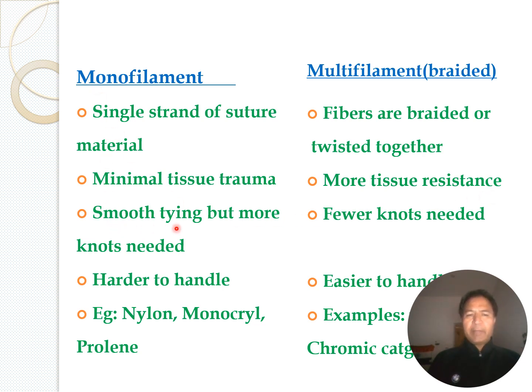Monofilament ties smoothly but needs more knots; multifilament needs fewer knots. Monofilament is harder to handle; multifilament is easier to handle. Examples of monofilament are nylon, monocryl, and prolene. Examples of multifilament are chromic catgut, etc.